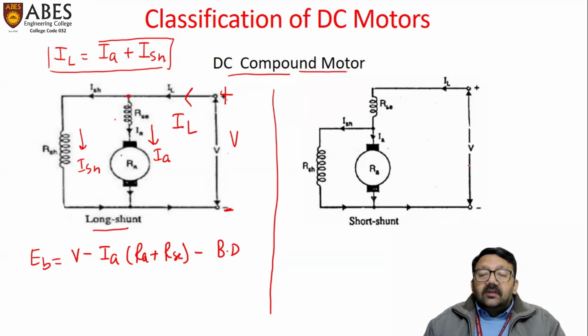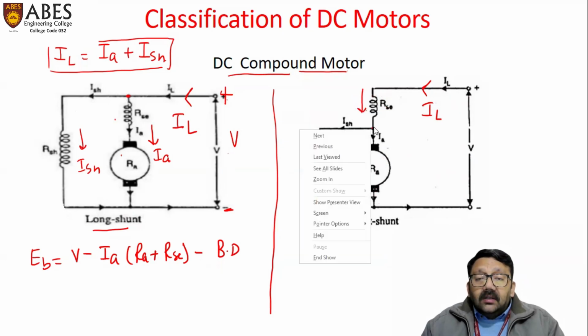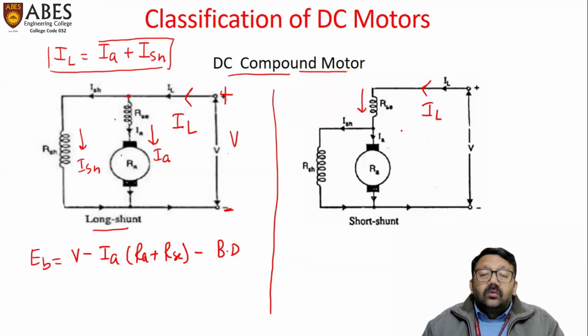Now for this short shunt motor, if we find the relation between V and EB, first of all we see how current is flowing. Here from this point, the line current IL taken from the supply is flowing, and this entire line current flows through the series field winding, and at this point the current is divided into two parts. In the armature circuit, armature current IA is flowing, and in the shunt field winding the current ISH is flowing.